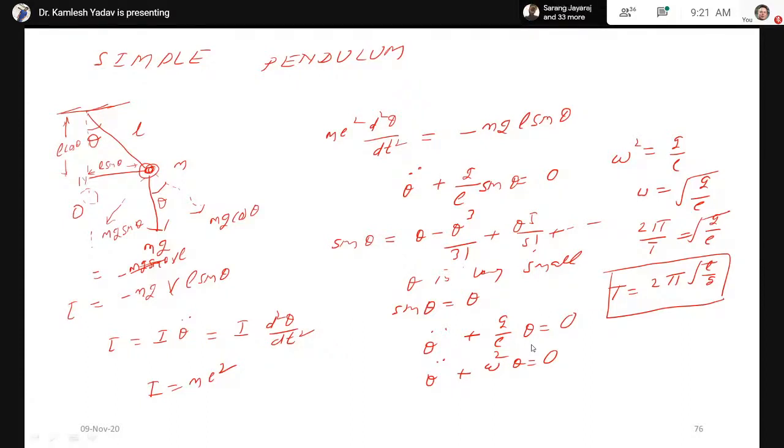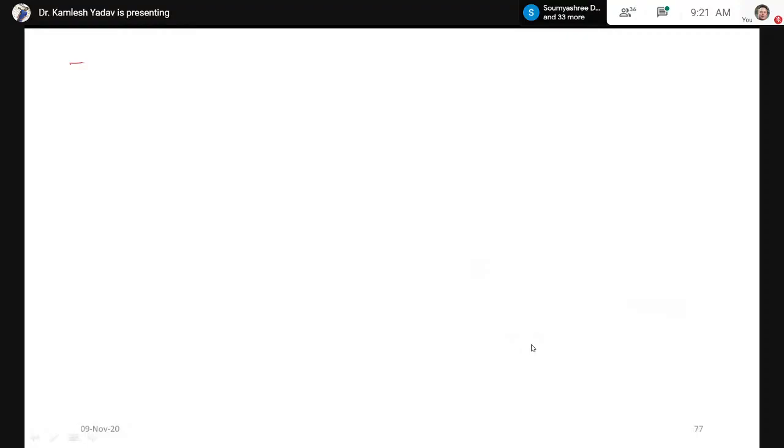Now suppose we have a simple pendulum, then the time period of oscillation depends upon L and g. For example, suppose I have a pendulum oscillating with some angle, and again suppose the same pendulum oscillating with a larger amplitude.